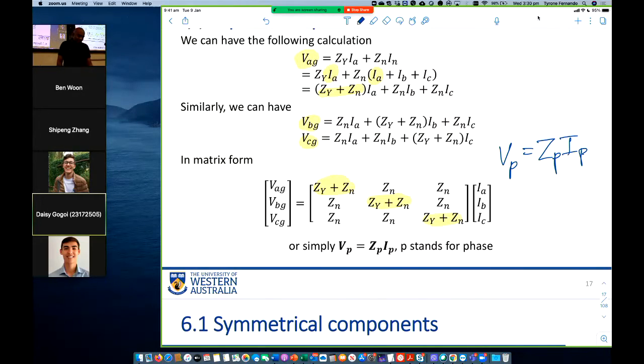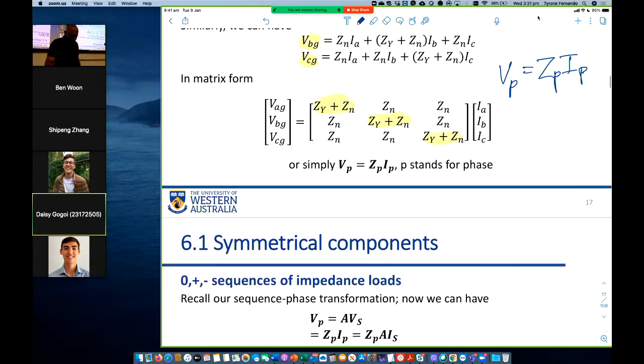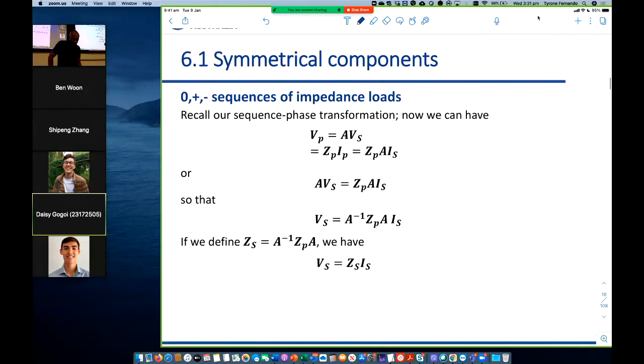Phase voltage vector, on the right we have the phase current vector, and then Zp is impedance matrix, phase impedance matrix.